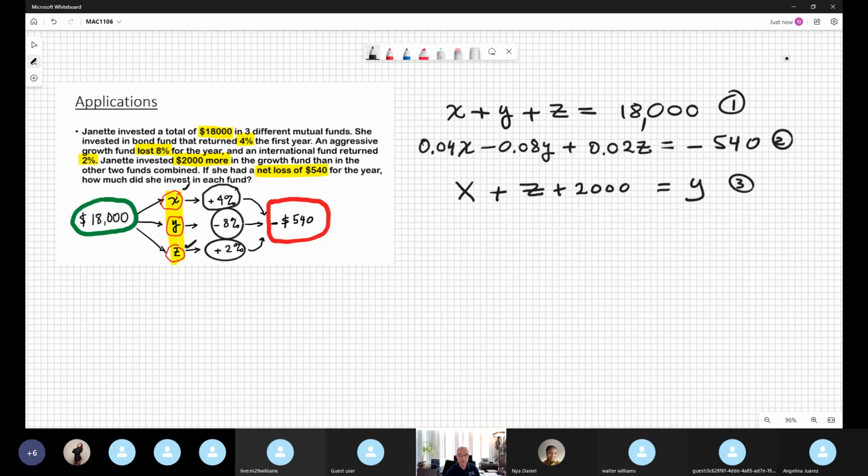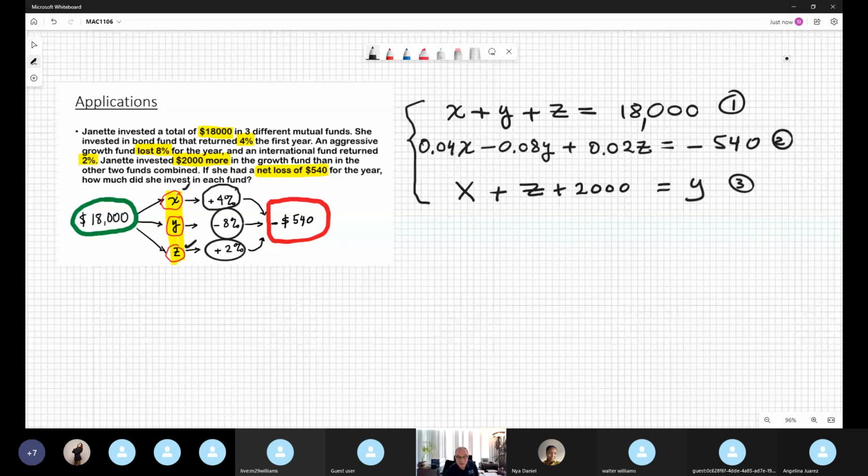Okay, it's a linear system of equations with three variables. And remember, for solving three variables, you pair two equations, eliminate one variable, and you pair another equation and eliminate one variable.